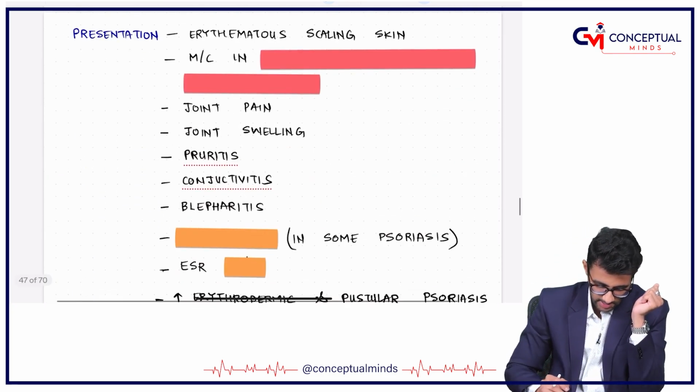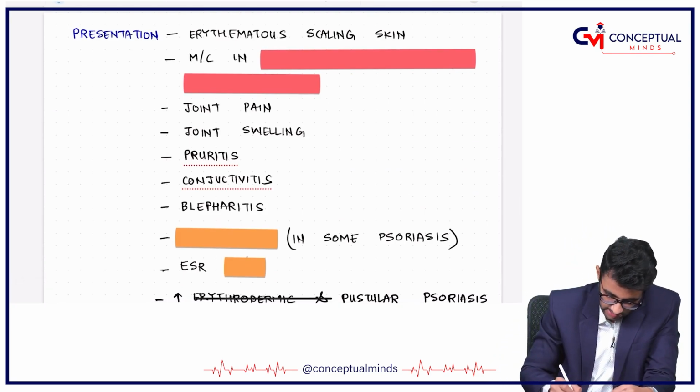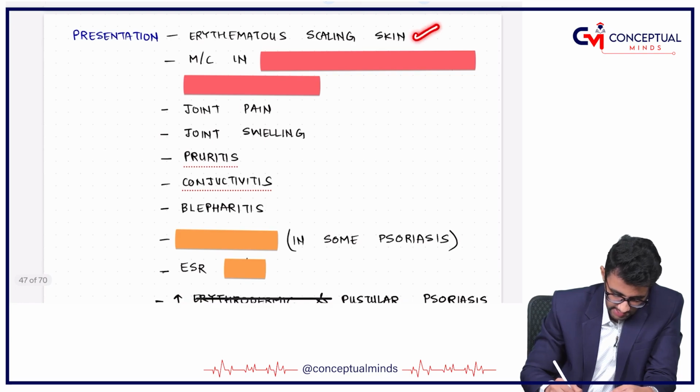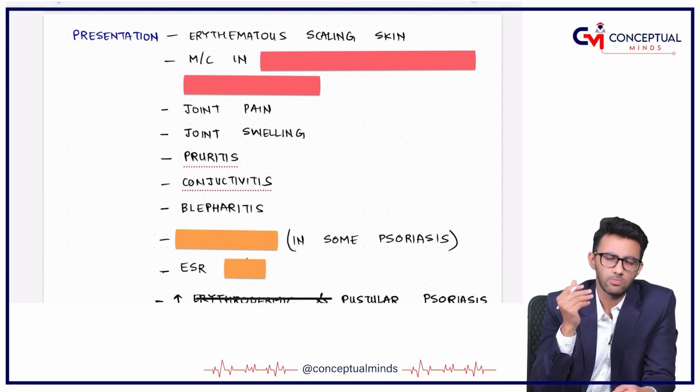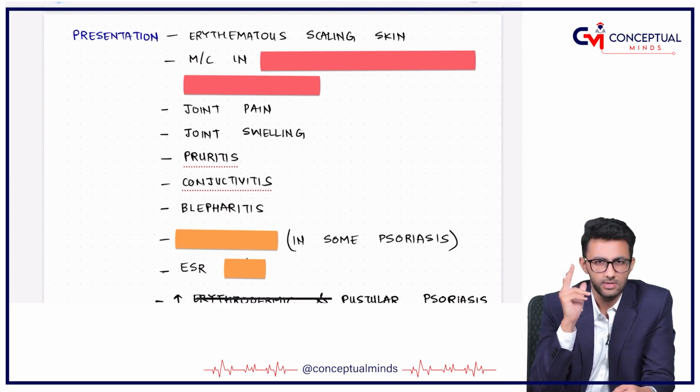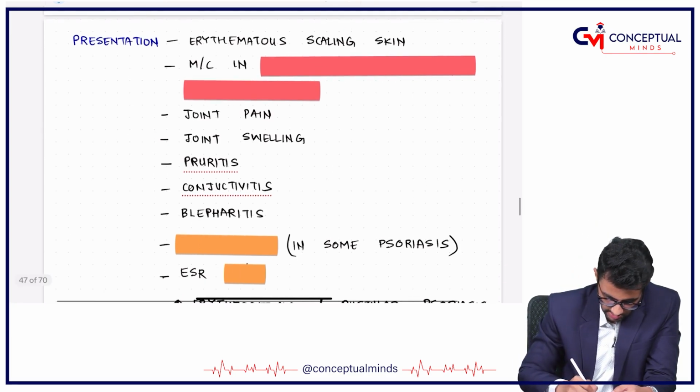Before that, let us see the presentation. For sure we have scaling. The most common, as we just saw in the images, is on the extensor surfaces of the elbows and knees, that is the vulgaris form we read about.